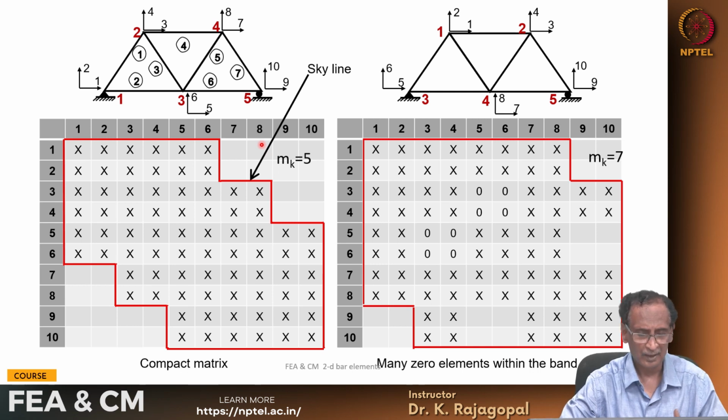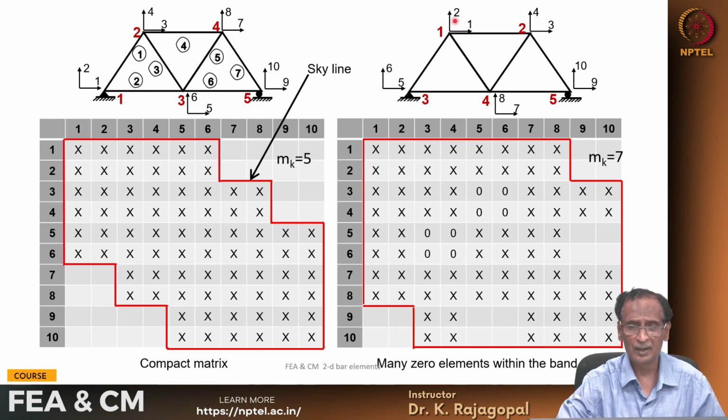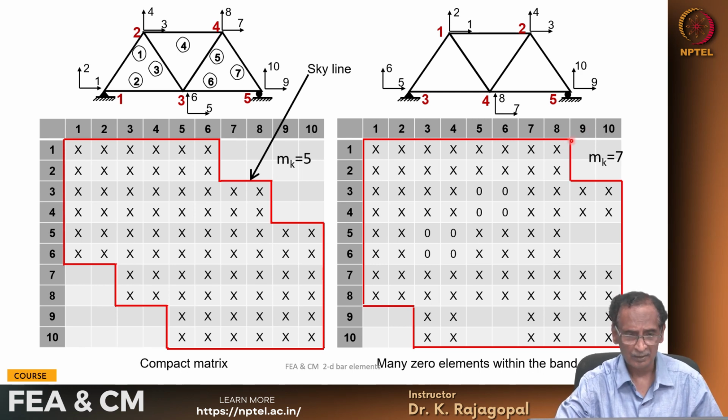I will define that in the next slide. And you can number the nodes something like this, 1, 2, 3, 4, 5. Okay, and here our degrees of freedom 1 and 2 are connected up to the 8th degree of freedom. So your non-zero elements will decrease.